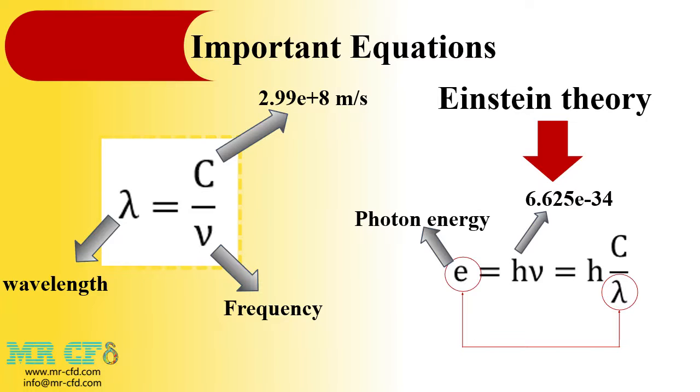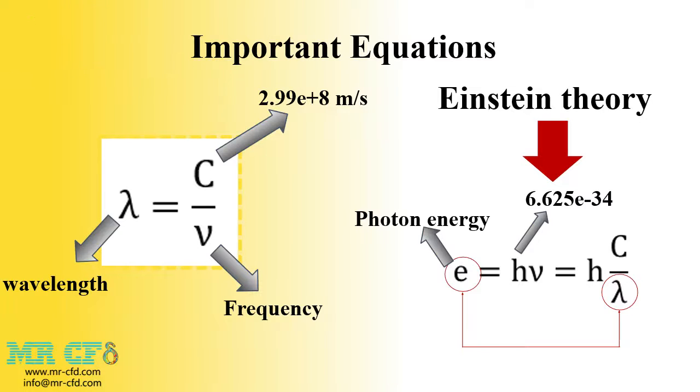In this regard, h is equivalent to Planck's constant, which is equal to 6.625 times 10 to the minus 34. Since h and c are constant, the energy of the packets or photons is inversely related to the wavelength.